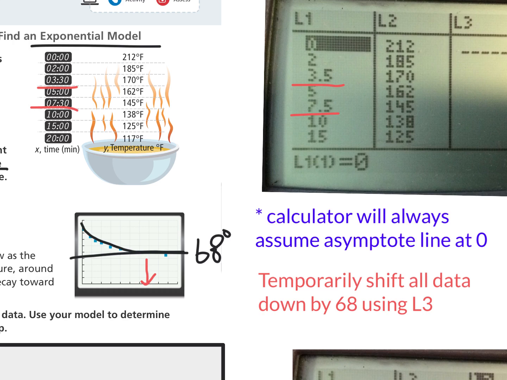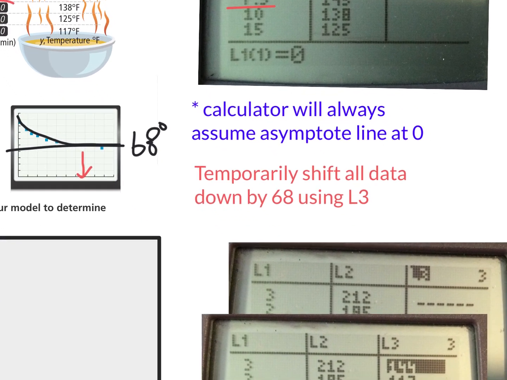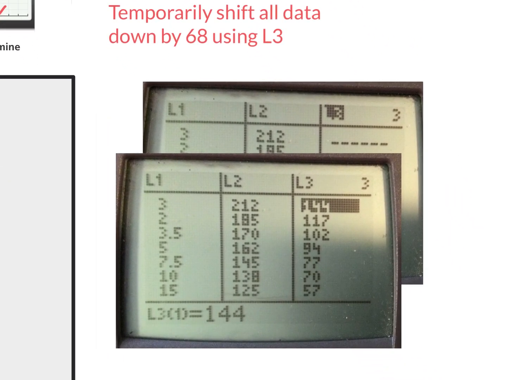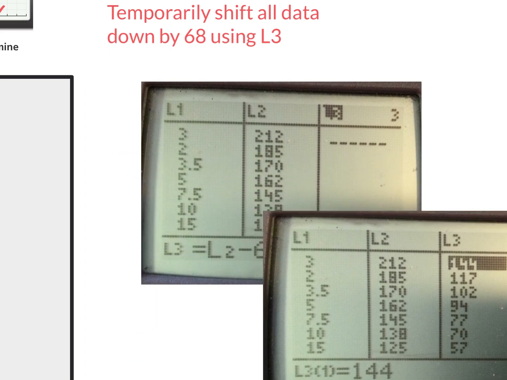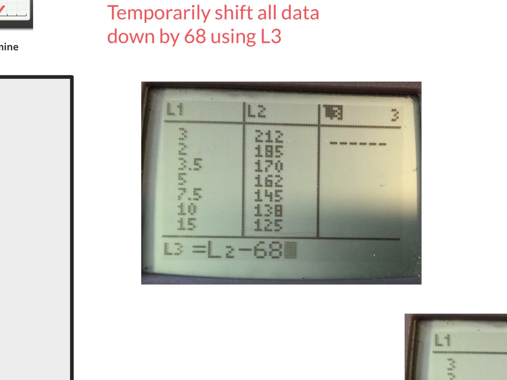We're going to do that using L3. What you should be able to do is go up here and highlight L3, and when you hit enter, it will come down here and let you type in a rule for L3. My rule is going to be L2 minus 68.